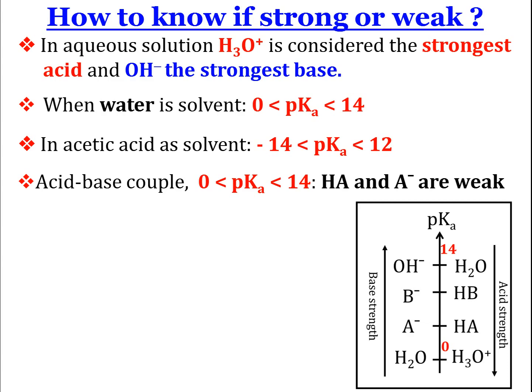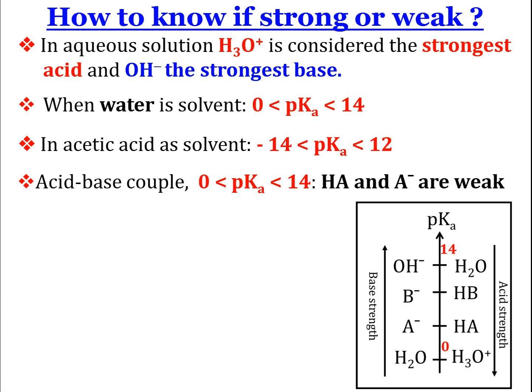What is the corresponding couple? The corresponding couple of HCl is not HCl/Cl minus, because in solution we don't have HCl. In solution, all HCl decomposes to H3O plus. So the couple involved has a pKa of 0 and is H3O plus/H2O. Consider the strong base NaOH.